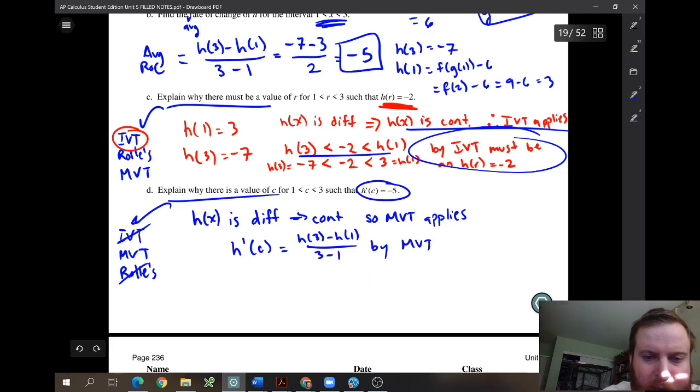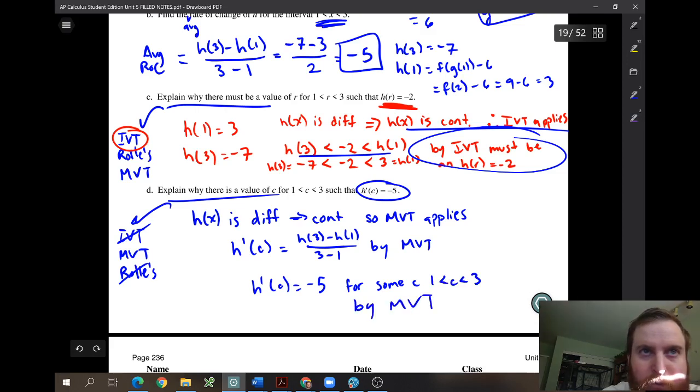And we already plugged that in. We got negative 5, so h prime of c equals negative 5, for some c, 1 less than c less than 3. I'm just going to repeat it by MVT. They didn't ask us to solve for it. We can't really with a table. We would need an equation, but that works there.